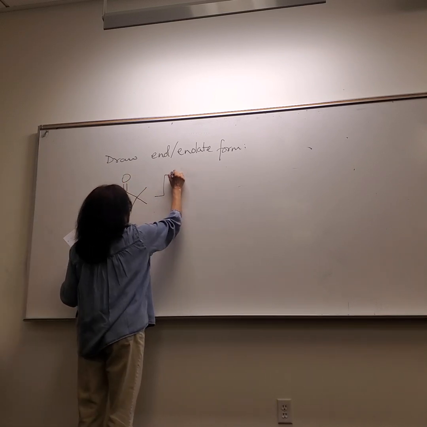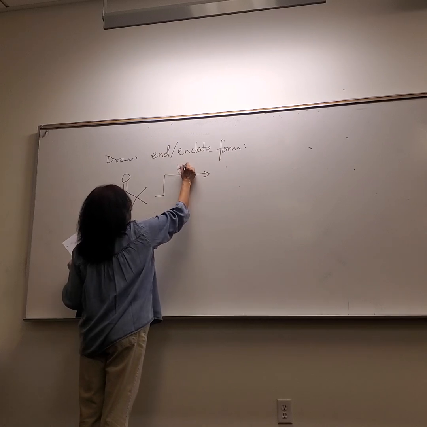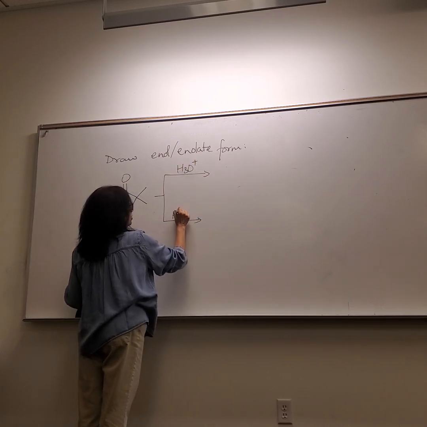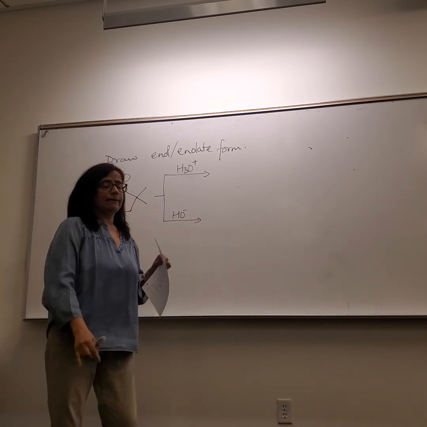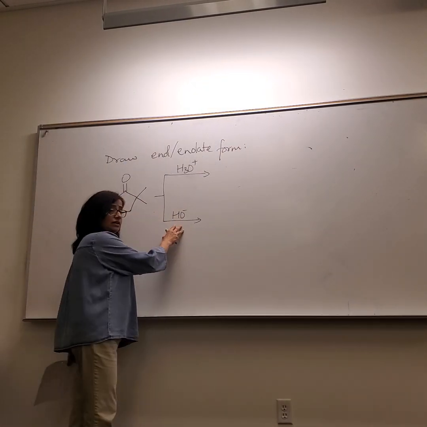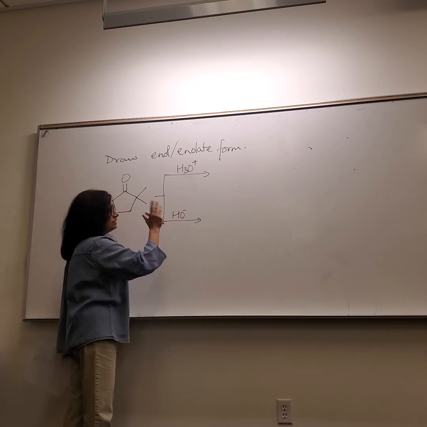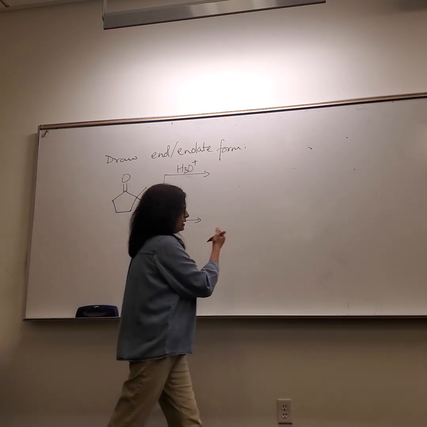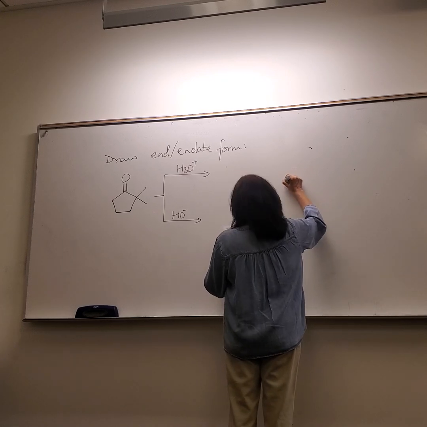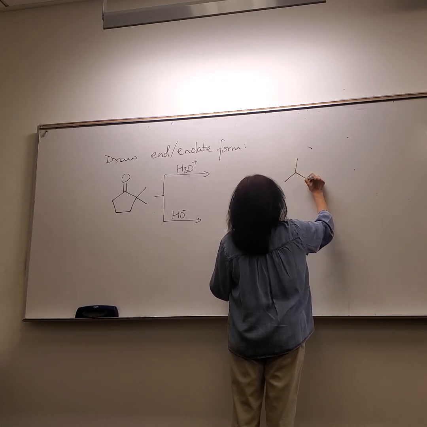So which form will exist in acidic environment? Enol or enolate? Enol. What will exist in the basic environment? Enolate. That's basically the idea. Let's draw whichever should be valid form depending on the conditions.